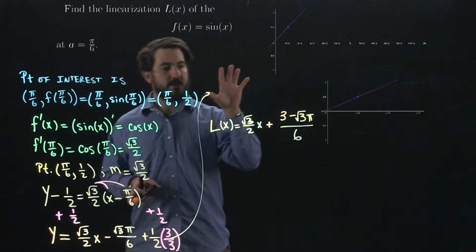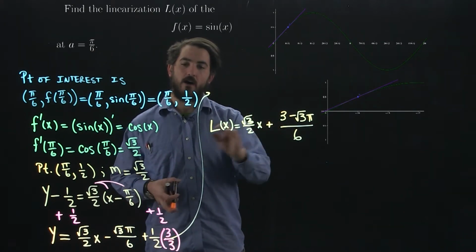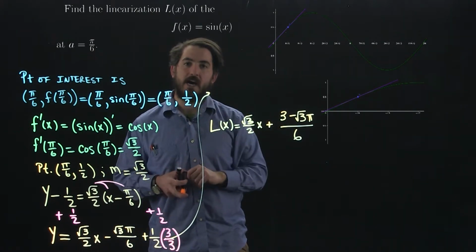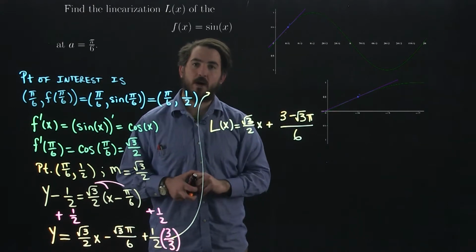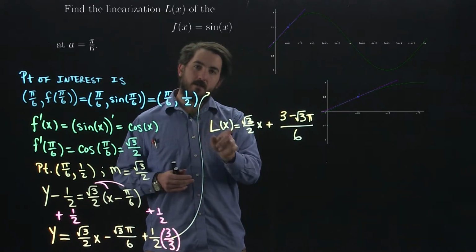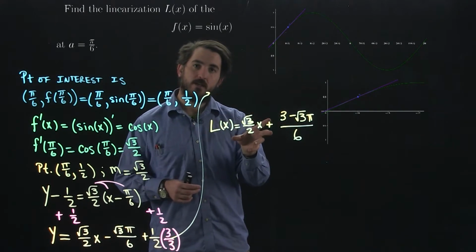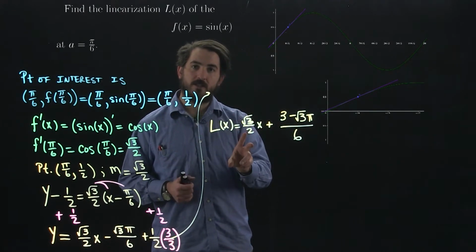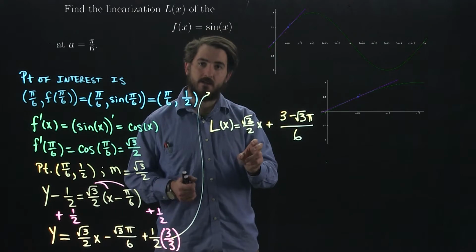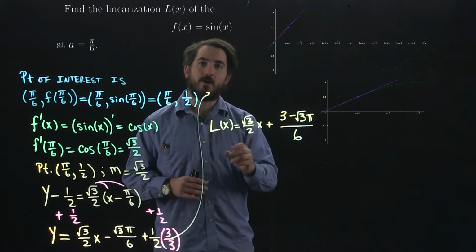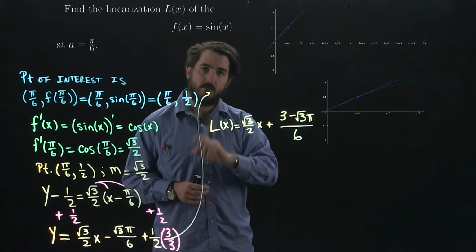This is the linearization of the function sine of x at a equals pi over 6. If I pick x inputs to the left and right of pi over 6, I can approximate the output of sine of x at those inputs.